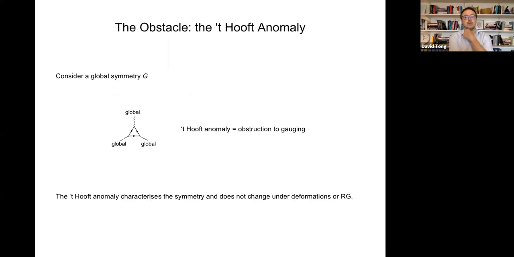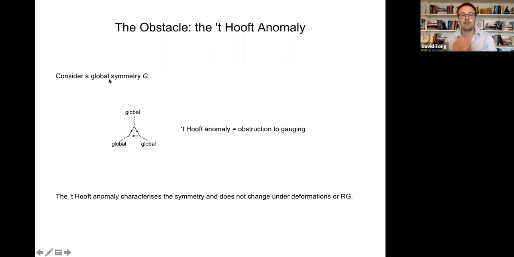All right, so let me tell you what the issue is. We can go back to those two examples at the beginning. There is an obstacle towards taking chiral fermions and giving them a mass. And the obstacle was understood long ago by 't Hooft. So 't Hooft introduced what we now call the 't Hooft anomaly. And it's the following.